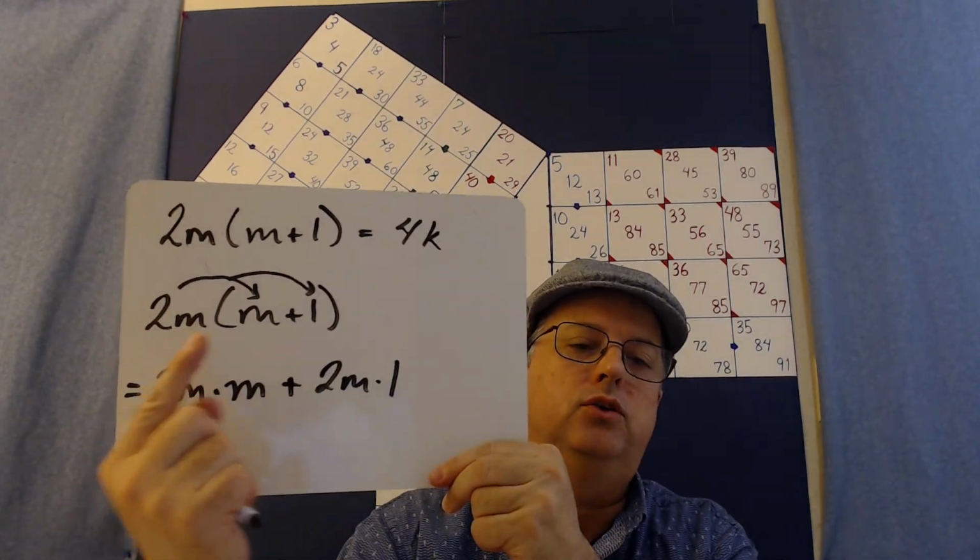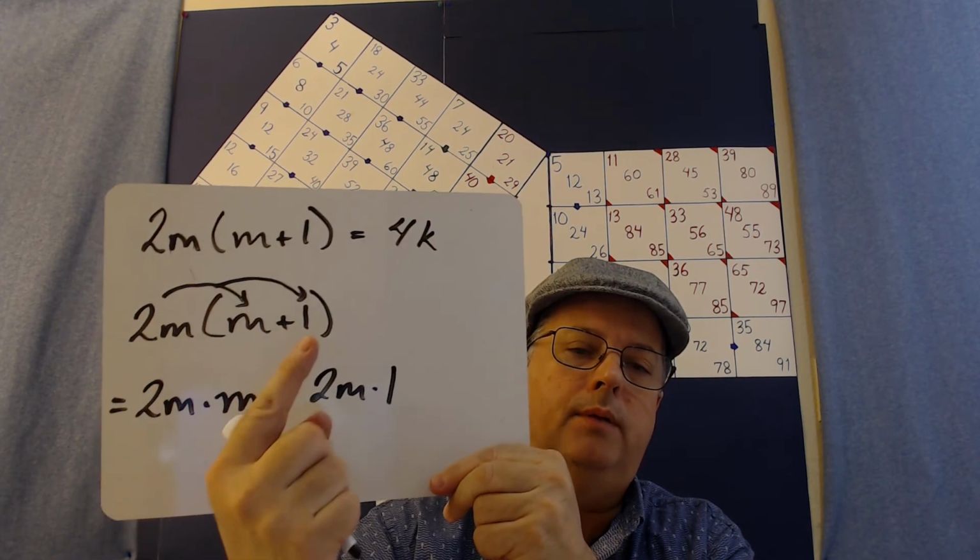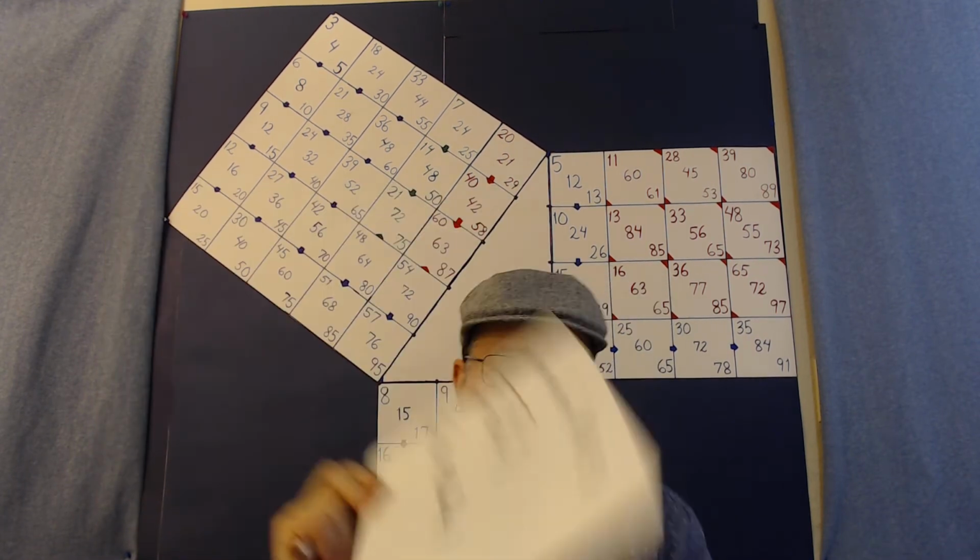So we're multiplying the 2m times m and the 2m times 1 there. And that gives us the 2m squared plus 2m. Or, you know, we can still write it the other way if we would like to.